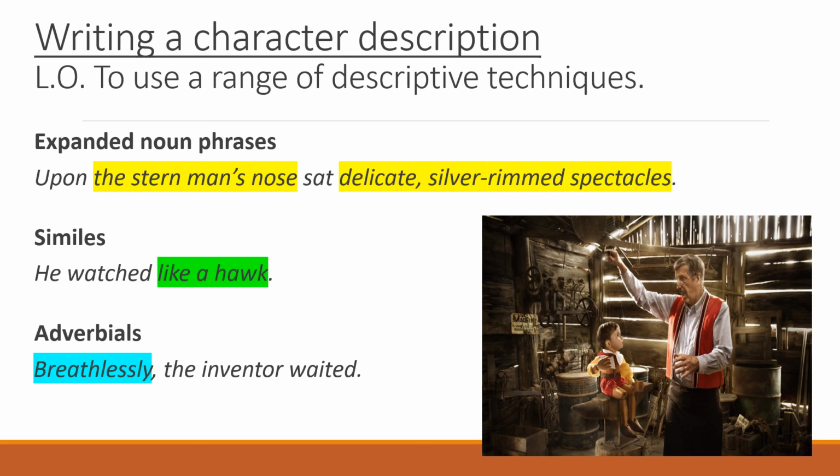And then adverbials as well. So breathlessly the inventor waited. That communicates the fact that he's perhaps anticipating, he's excited about what he's been able to do. So again, look at every word you choose and the impression that you want to give.